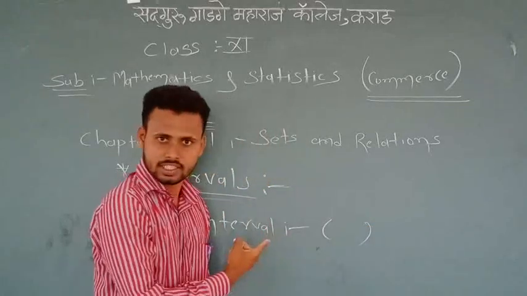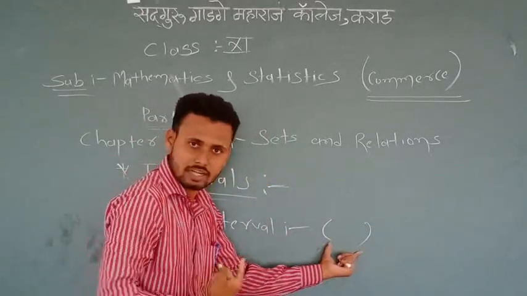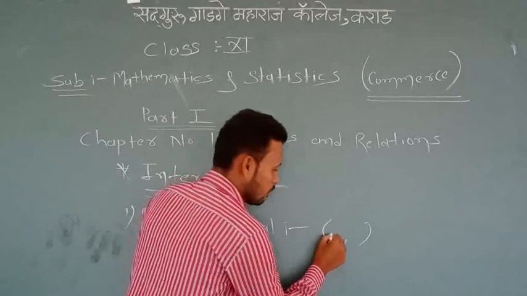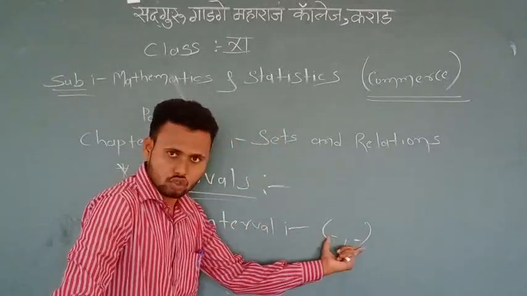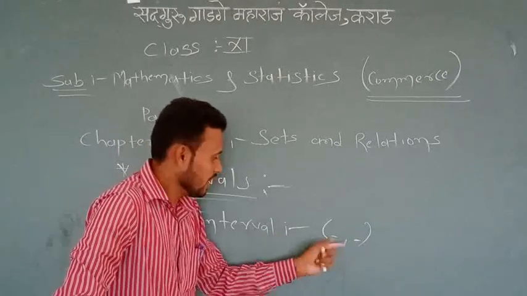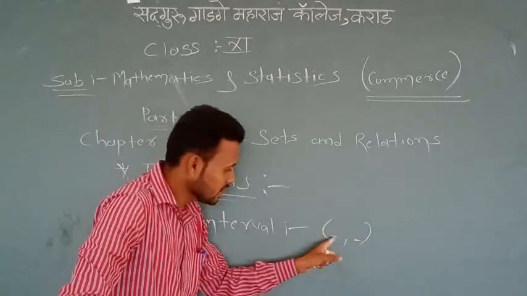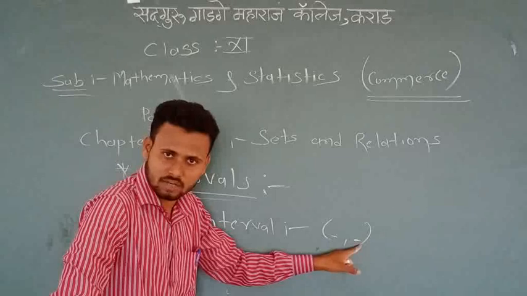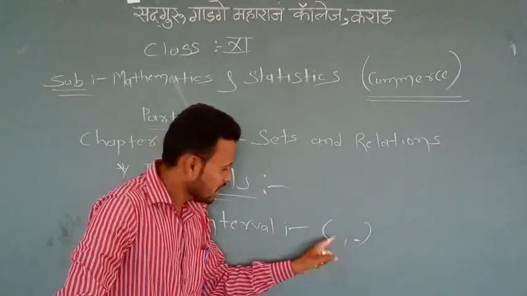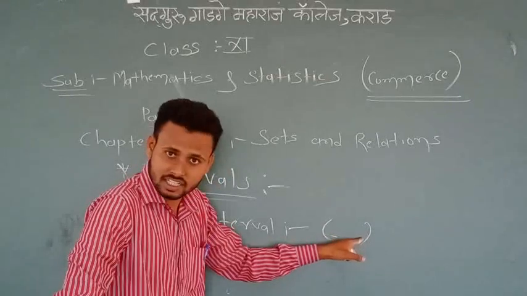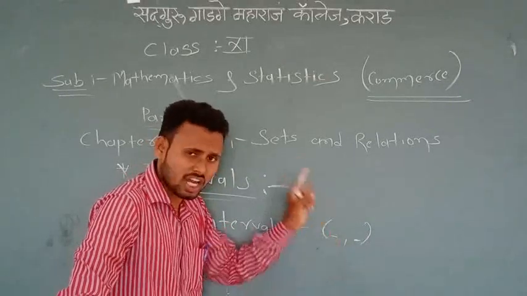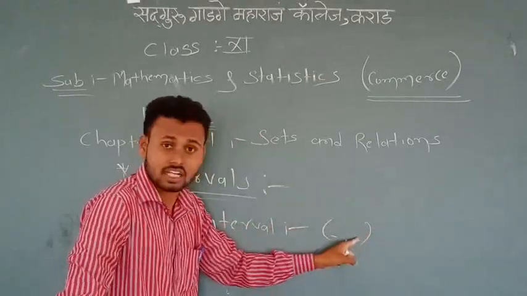We can represent open interval in that form, where there is a first component and a second component. This notation is used for open interval. In an interval, the first component is always less than the second component. It means the first component is always strictly less than the second component.